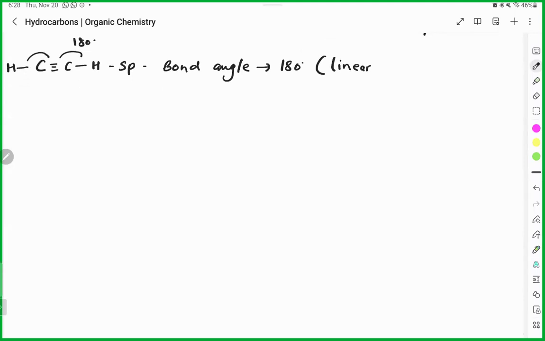Pratigya, if you take bond enthalpy in carbon-carbon triple bond, carbon-carbon double bond, or carbon-carbon single bond, where do you have maximum bond enthalpy?